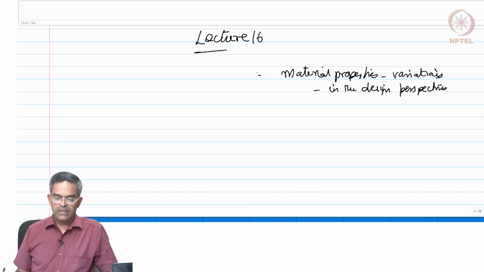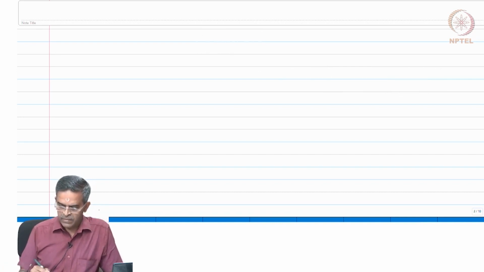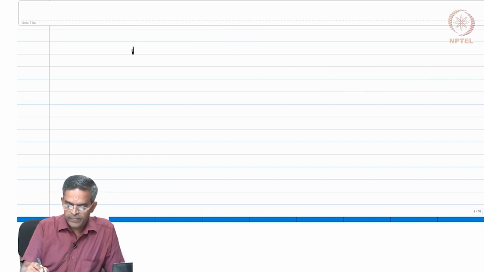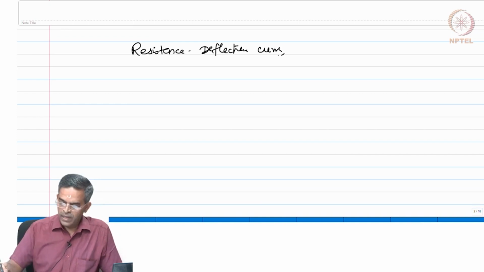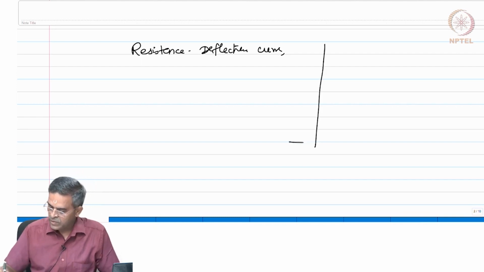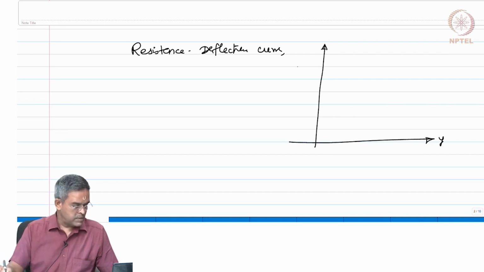As we said in the last lecture, the resistance deflection curve is idealized as shown here, deflection versus resistance.